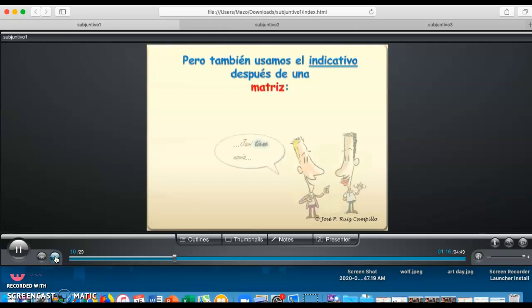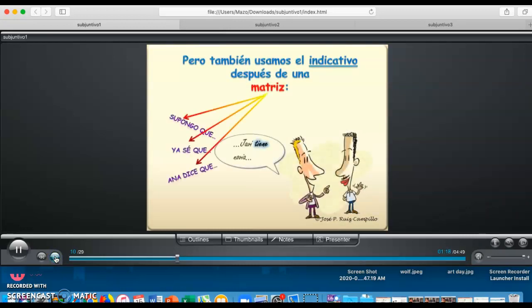También usamos el indicativo after a clause. Also, we use the indicative after a clause, but it's a different reality. The speaker in this case has certainty. So the independent clause doesn't change the reality of the dependent clause.